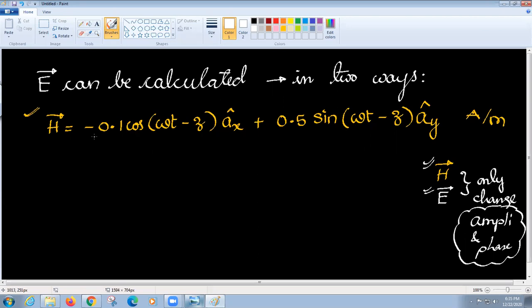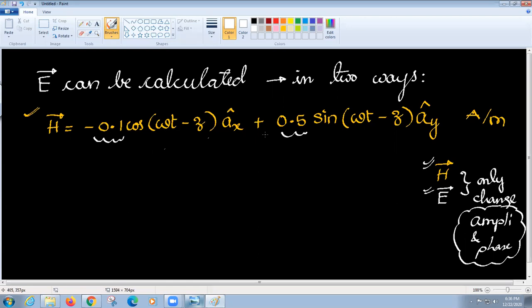Only these amplitudes, or maybe some initial phase or some other foreign phase, are going to sit somewhere in the argument. That may be changed. Otherwise, the other stuff remains the same.